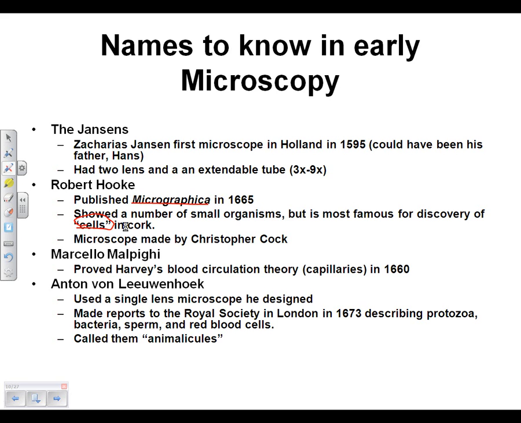That it was a whole interconnection of blood vessels somehow, but no one could prove it because no one could see the capillaries because they were way too small. They knew blood went out through arteries, came back through veins, and no one could find the connection. So it was finally Malpighi who managed with the microscope to actually see the capillaries and prove that Harvey's blood circulation theory was correct. So that was pretty cool.